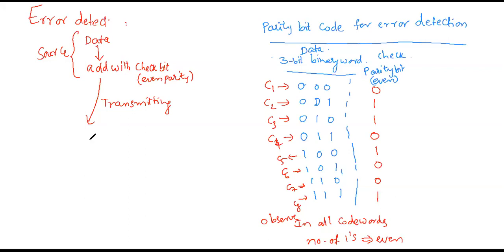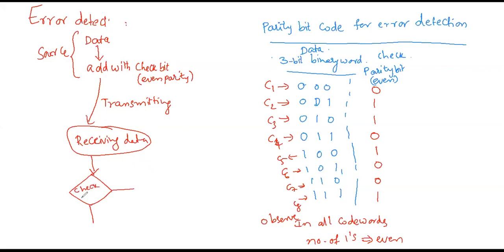So you are transmitting the data, and in the received data we check whether the number of ones is even, because we are using even parity.